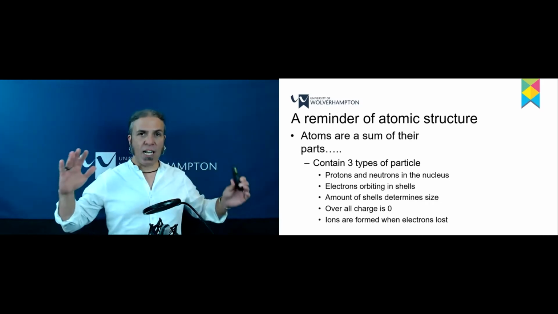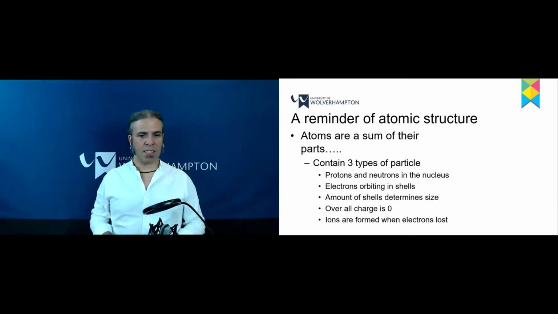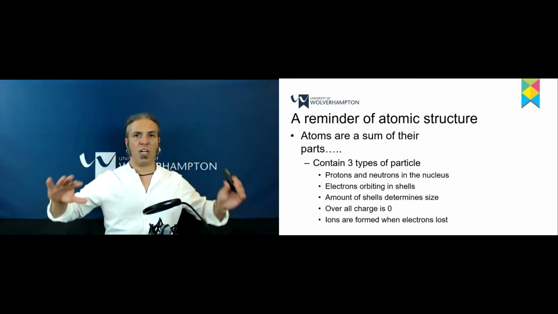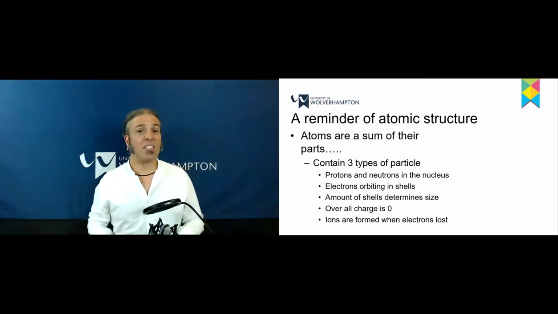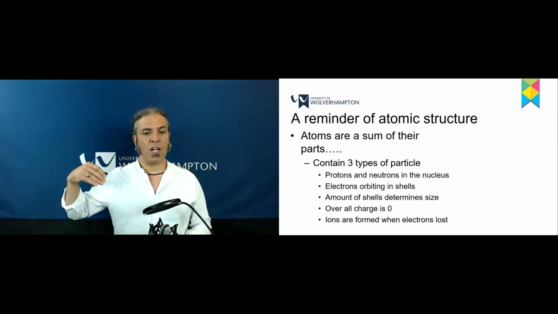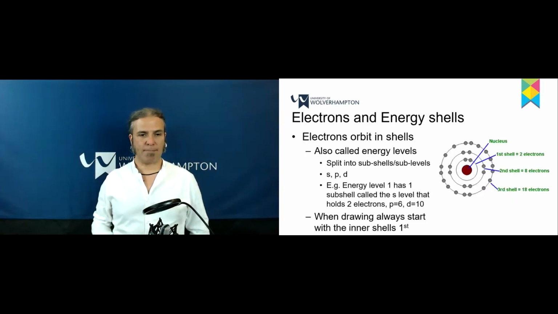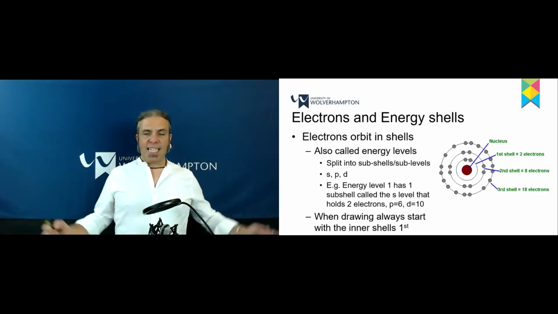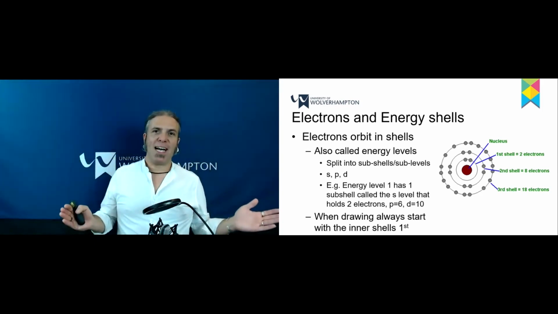Now, the amount of the different shells sort of determines the size of that atom, and generally, the charge of an atom or an element is zero. And when we lose electrons, we get ionisation and ions are formed, and we're going to look at all of these things.